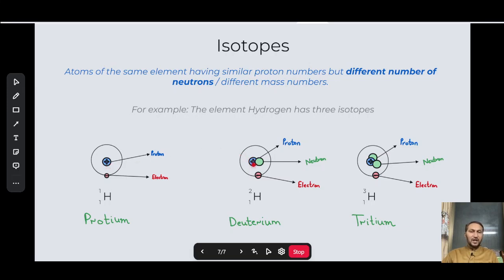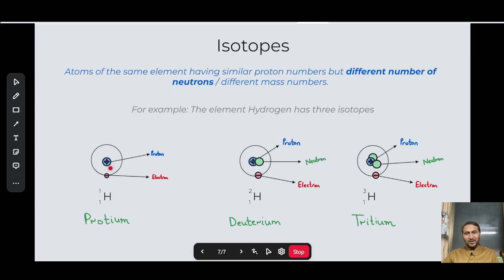Similarly, this is another type of hydrogen, but it also has 1 proton, so it is hydrogen. This is also hydrogen with 1 proton. Each hydrogen has 1 electron and the same orbit. But now what is the difference?